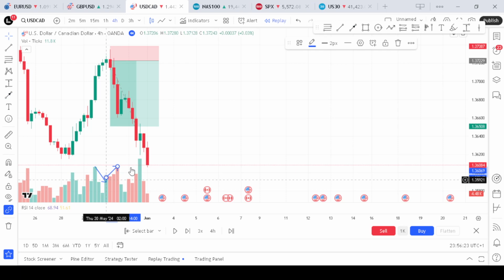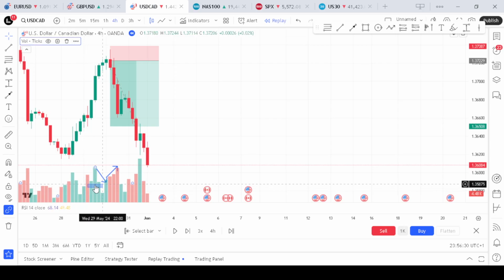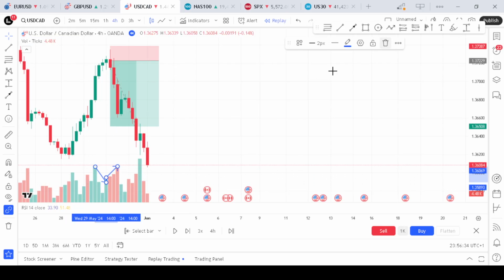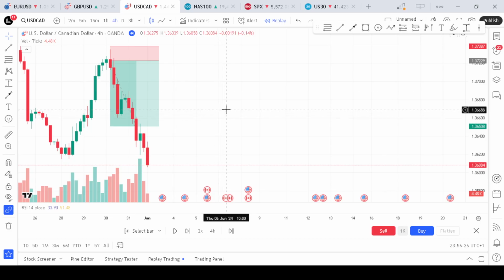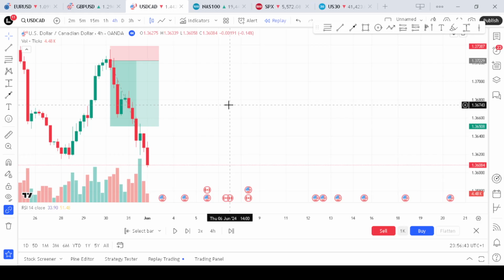This further confirms our trading setup, telling us that bears are coming into the market. The shift in volume indicates that buyers are losing strength and sellers are gaining momentum.